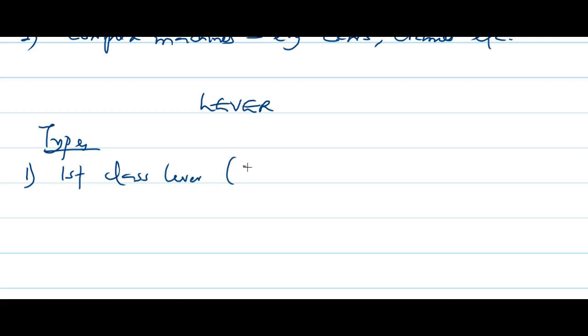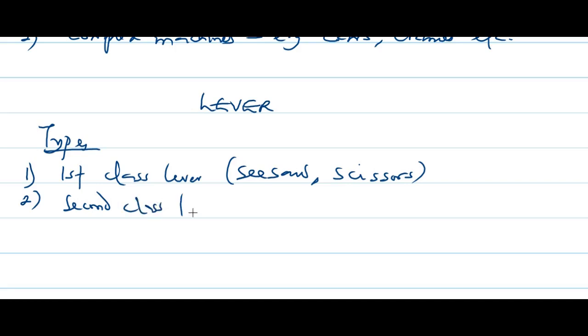An example of first class lever, we have seesaw, and then we have scissors. Then, secondly, we have what we call second class lever. In a second class lever, the load is in between the fulcrum and effort.